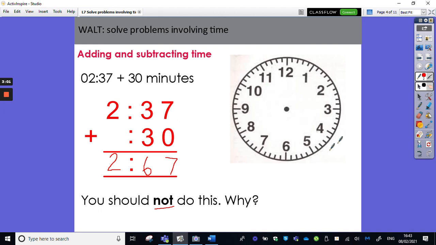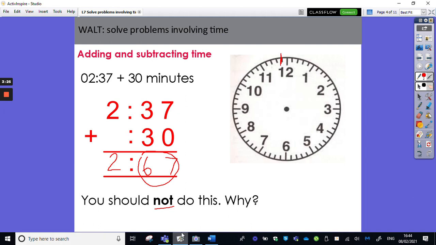So you might have recognised or remembered from our clock, there are only 60 minutes in 1 hour. So the biggest number I can have on this side would be not 60, but 59, because when I've gone all the way around my clock, the last minute here is 59, and then it goes to the next hour. So I know that this actually should have been past 3 o'clock.